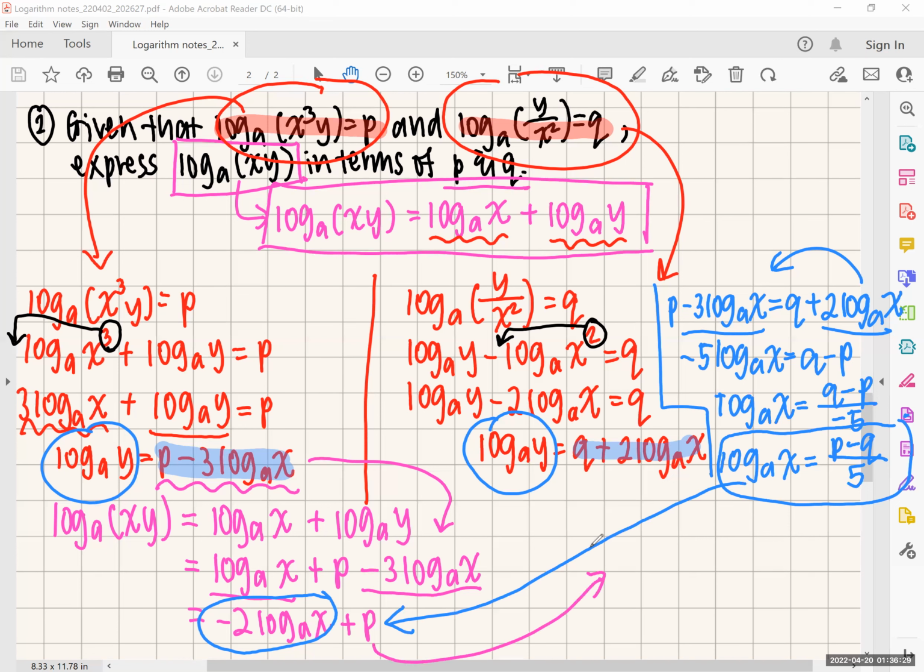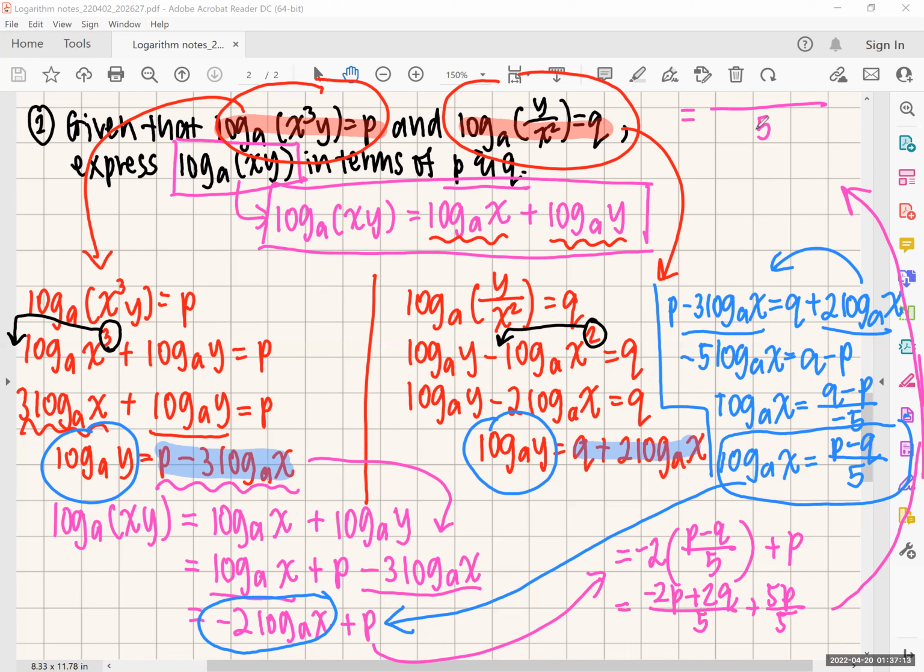So from this step, I can say that it is equal to minus 2 times P minus Q over 5, plus P. So from here, it's just basically algebra already, which is equal to minus 2P plus 2Q over 5 plus 5P over 5, which is equal to, over 5, minus 2P plus 5P will give me 3P, plus 2Q. So the answer is 3P plus 2Q over 5. The end. And that's it.